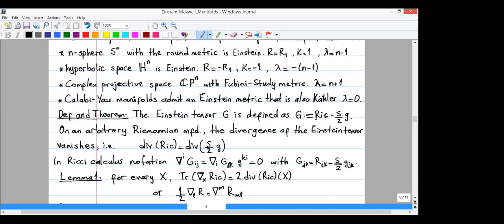On an arbitrary manifold, the divergence of the Einstein tensor vanishes. That means when you apply div G equal to 0, then the divergence of Ricci has to be equal to the divergence of S over 2 times g. Or in Ricci calculus notation, we can write this with this equation.